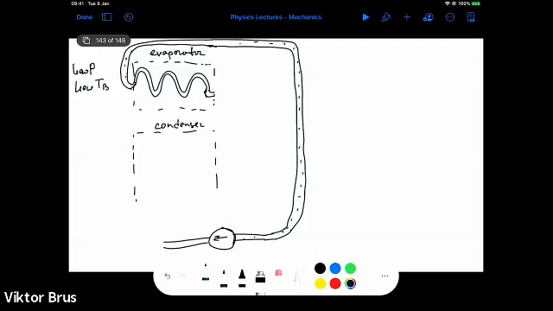Now we need to perform some work on the system because it's a heat pump, so we need some external work to be done in order to make it work. And this work is done in refrigerators by a compressor. What it does is increase the pressure of this Freon vapor. It's the only work to be done by this compressor. So here, after the compressor, we have much higher pressure of Freon vapor.